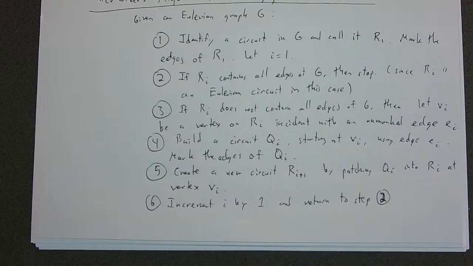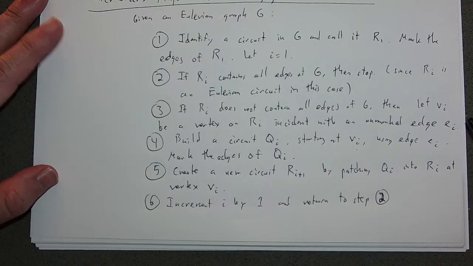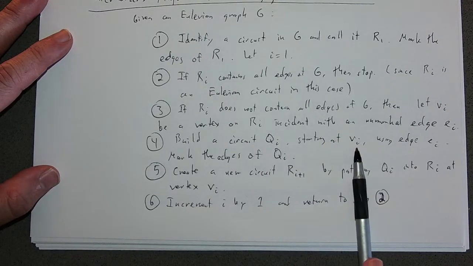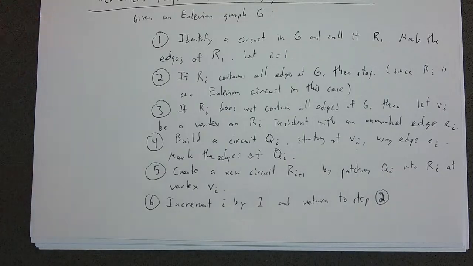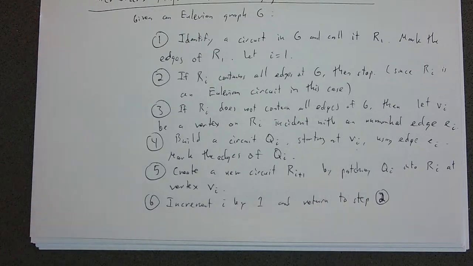We label that edge E sub I, or E sub 1 at the first step. And then we build a circuit Q sub I starting at this vertex using this edge, mark those edges, and then I patch this circuit into my old circuit, and that's how I get the iterative step here.